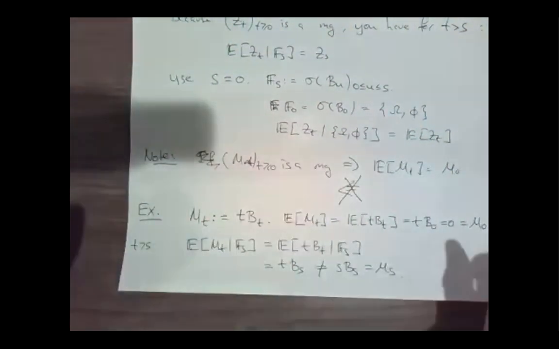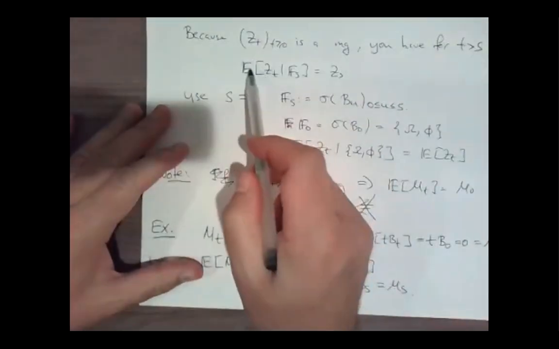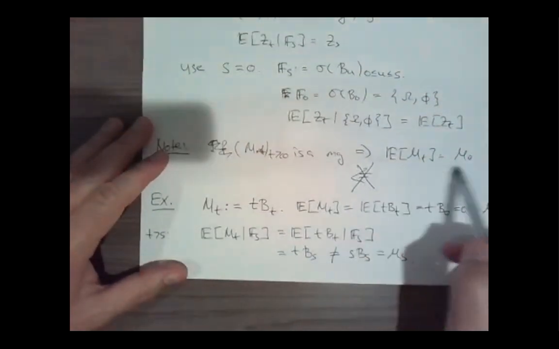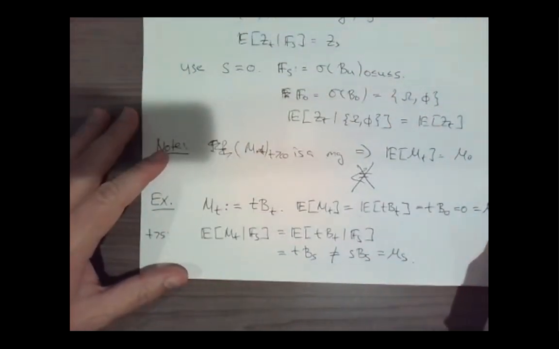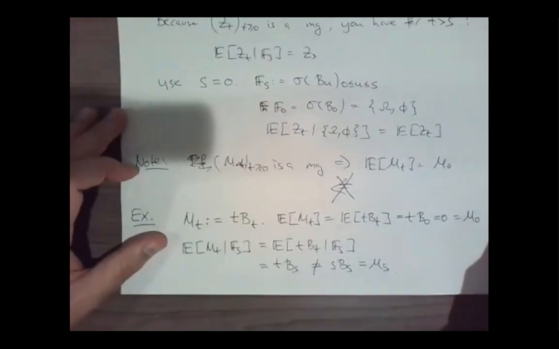So when you test for the martingale property, you really need to do this. It is insufficient just to test whether it has constant expectation. That's not going to prove that it's a martingale.